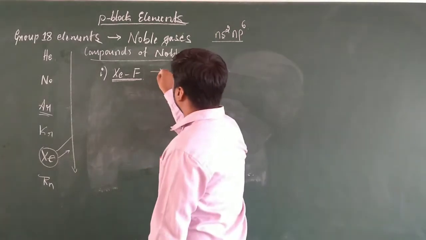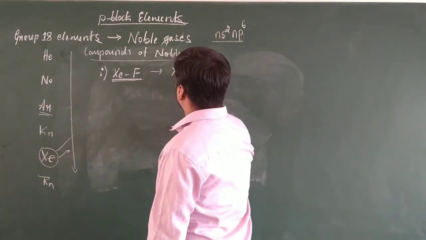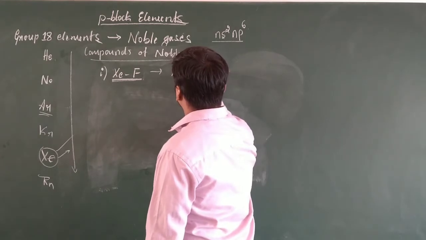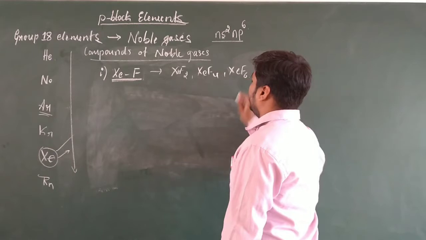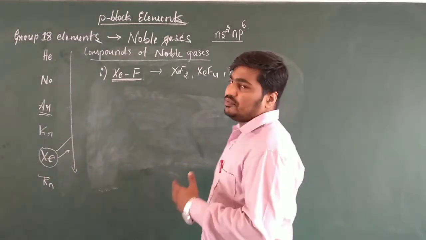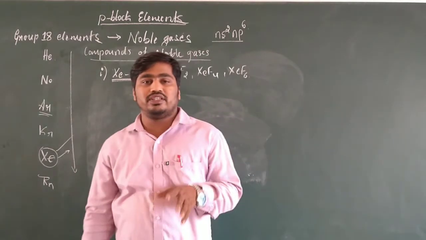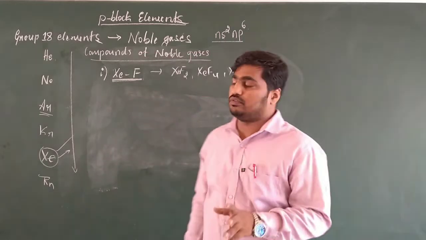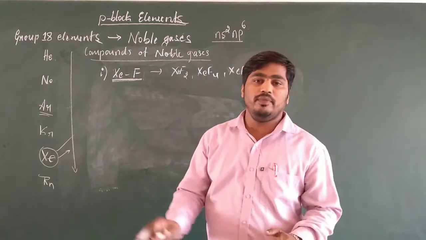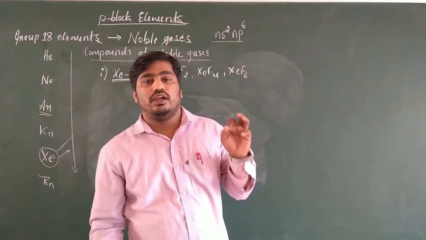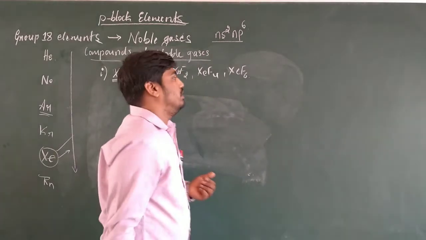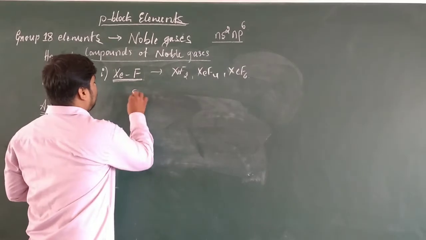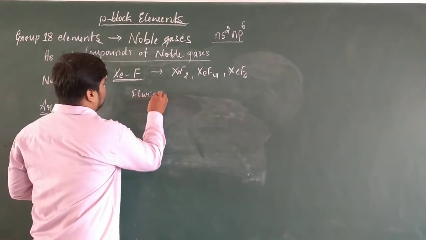There are three compounds: xenon difluoride, xenon tetrafluoride, xenon hexafluoride. What are the properties of these compounds? All these compounds show a common property. They have the ability to fluorinate others. That means they act as a fluorinating agent.